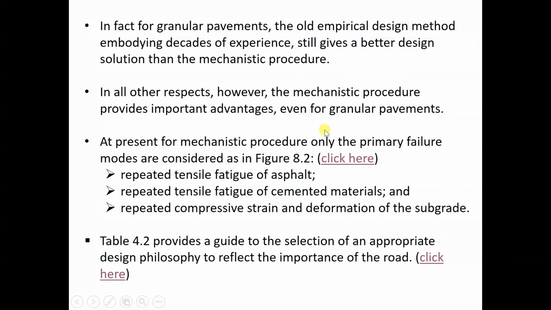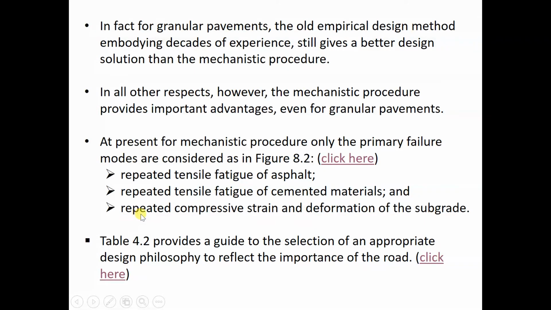At present, for the mechanistic procedure, only the primary failure modes are considered, as in figure 8.2. The primary failure modes are: A, repeated tensile fatigue of asphalt. B, repeated tensile fatigue of the cemented materials.